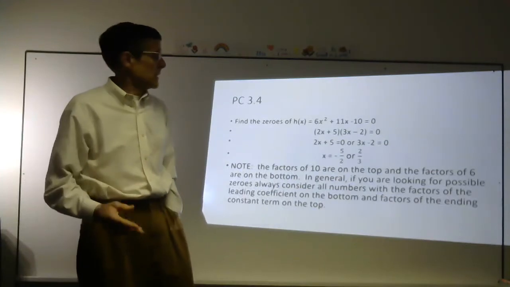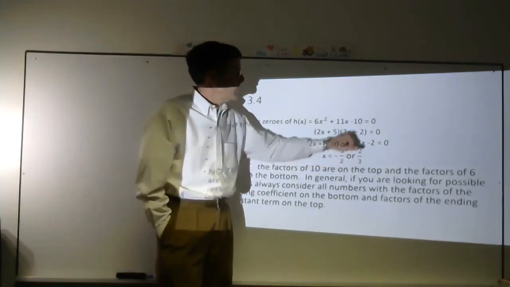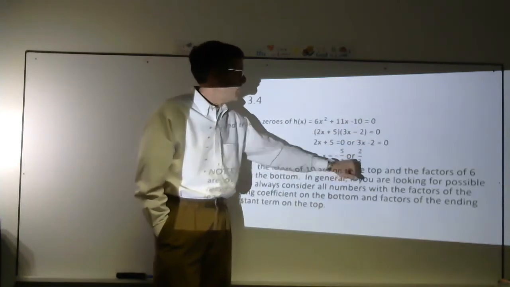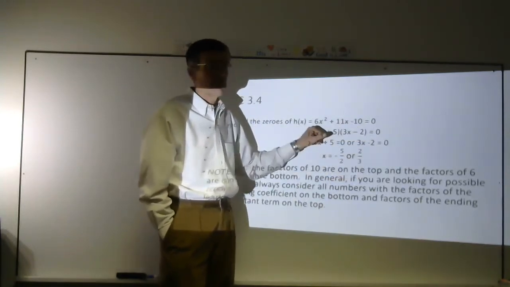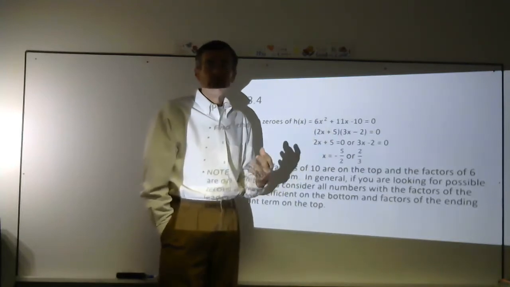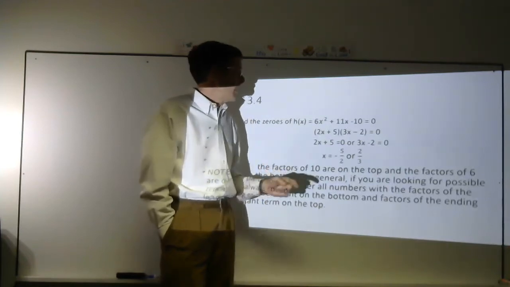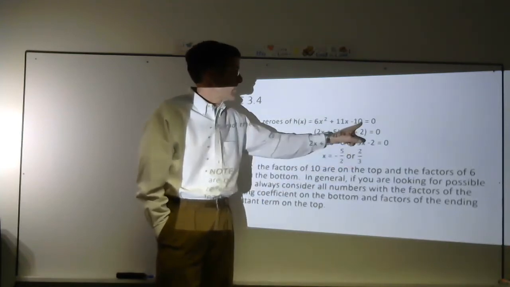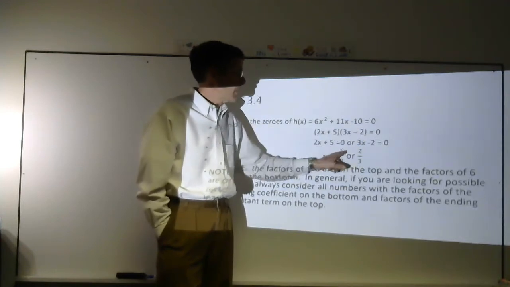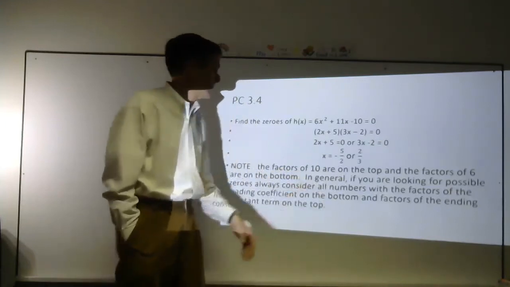But what is really, really interesting here is that the 5 and the 2 are factors of 10, and the 2 and the 3 are factors of 6, which means when you're trying to say to yourself, what numbers would be possible zeros, as long as you put the factors of the last term on the top and factors of this one on the bottom, you can get all possible factors.